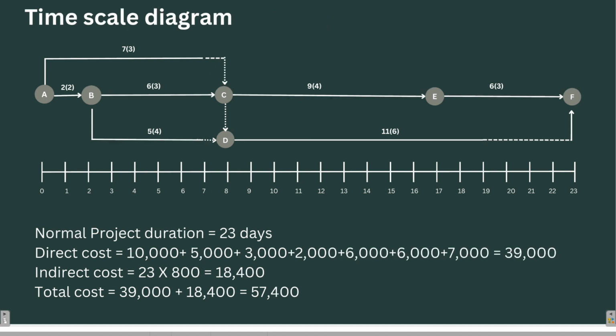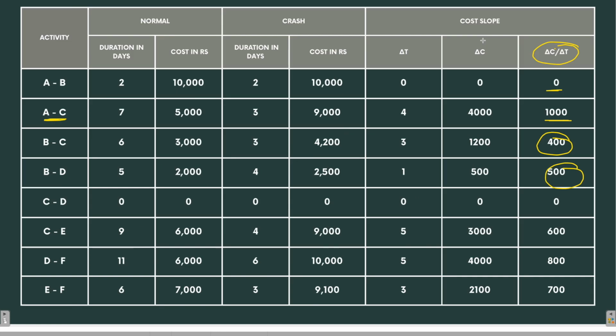Now let's start with the first stage of the crashing. There are two things to be kept in mind. We have to start crashing with the critical path, and here the critical path is this one, A B C E F, and second, with the least cost slope. This was the cost slope which I had calculated earlier. The activity which has the least cost slope is 0, right?